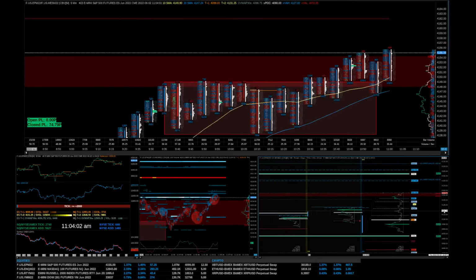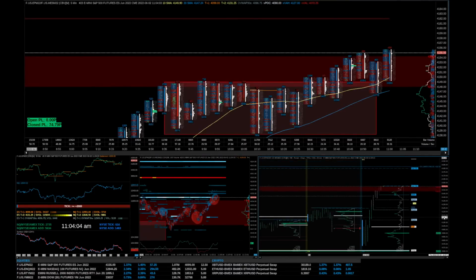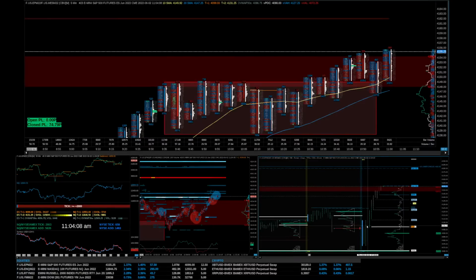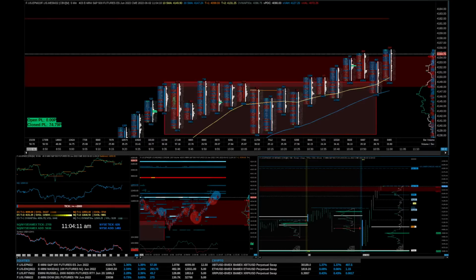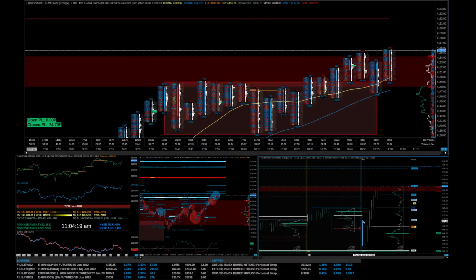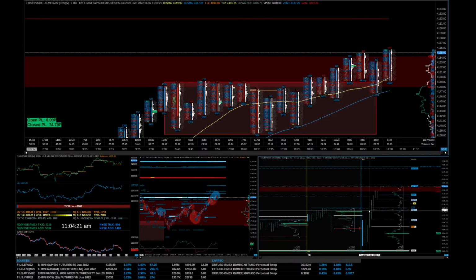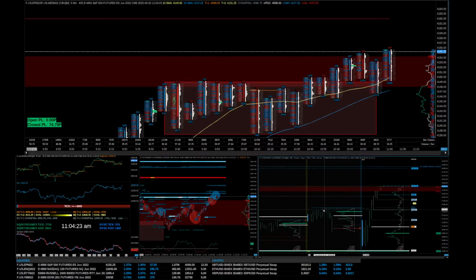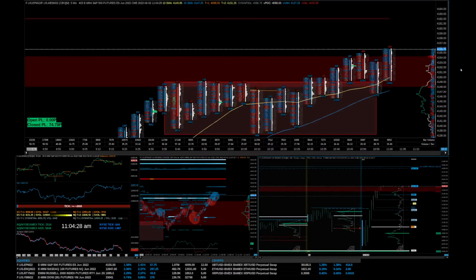When we were in this area this morning, chopping around, I told my wife, I don't really want to trade this. The range is too great. And it wouldn't surprise me if we fail here before this high and make an inside day. And boy, was I ever wrong.